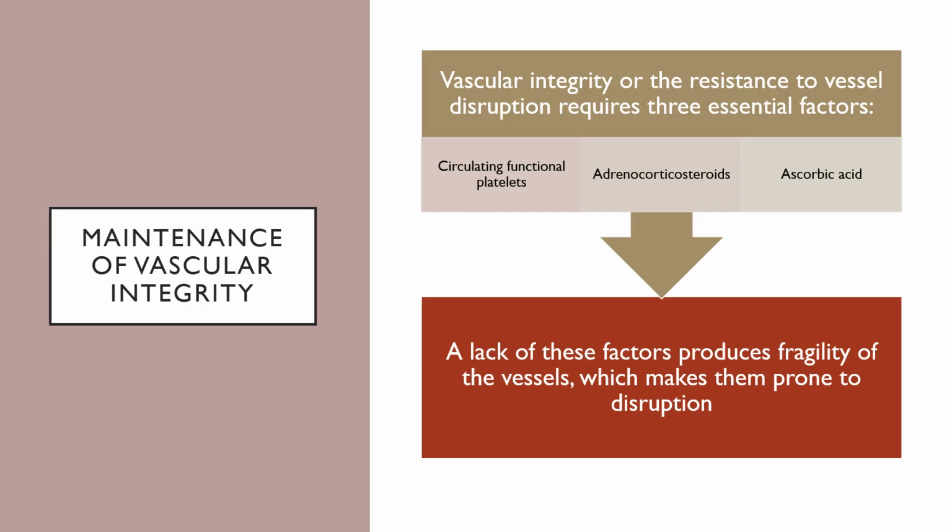Another thing that we need, and I don't really need you to know all of the pathophysiological processes of the adrenocorticosteroids, but they are particularly important, especially glucocorticoids. They're crucial for maintaining vascular integrity and function, and one of the reasons for that is that they help modulate vasoconstriction.